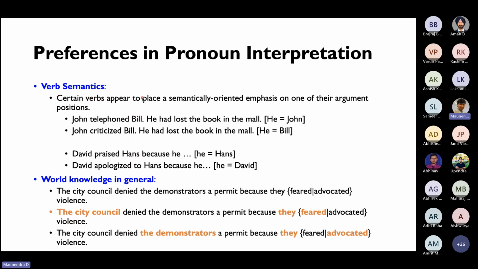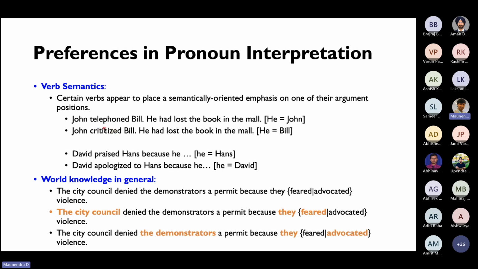Now there are some more preferences, and these are very interesting examples. Say, John telephoned Bill. He had lost the book in the mall. So here he refers to John. And John criticized Bill. He had lost the book in the mall.